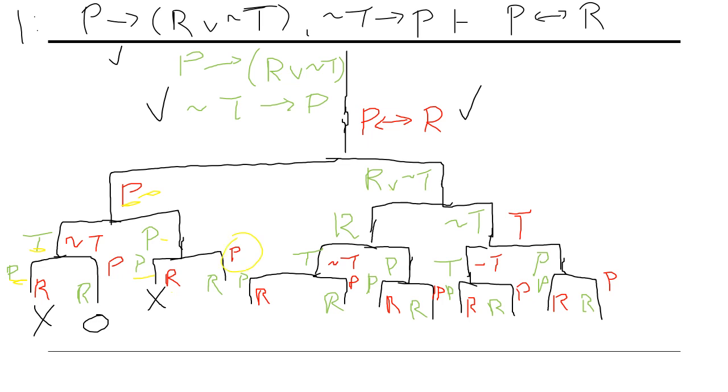I've got a red P and a green P, so that closes that one off. Looking at the next one, I have a red R, a green P, green T, green R. Oops, that was supposed to be yellow. Yellow, yellow. Close that one off.